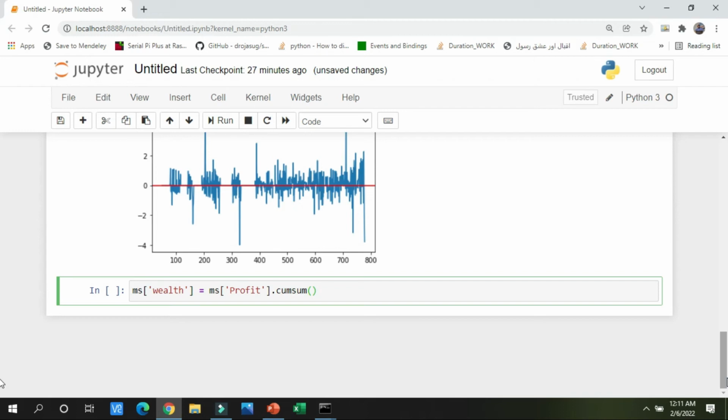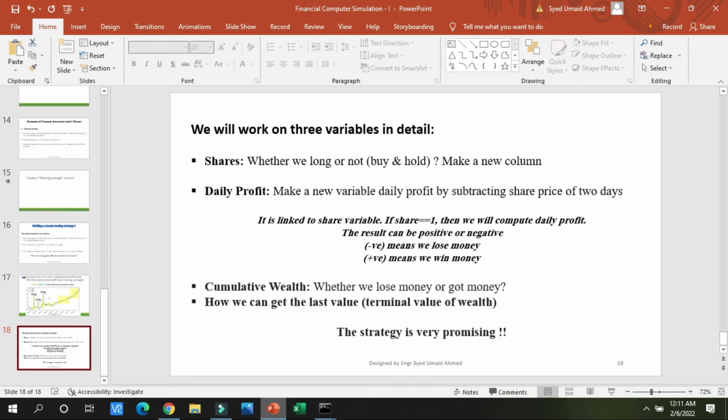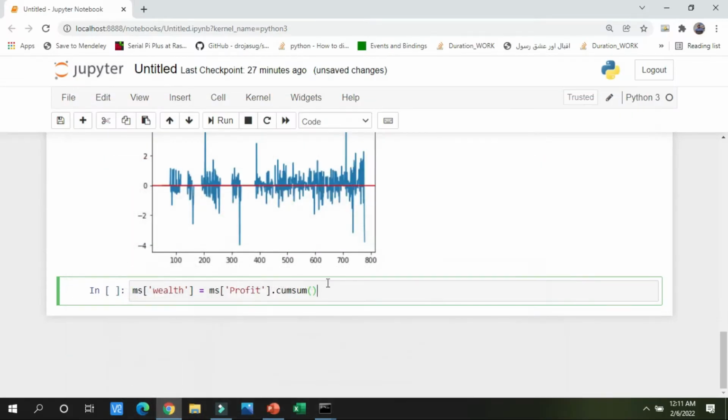So this is a built-in Python function that will generate a column named wealth column, and it will calculate the accumulative wealth. And if someone wants to know whether we lose money or whether we got money, we have generated a new column and we can see this column as well.